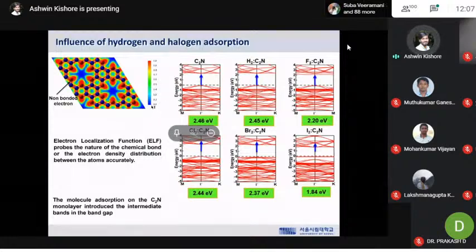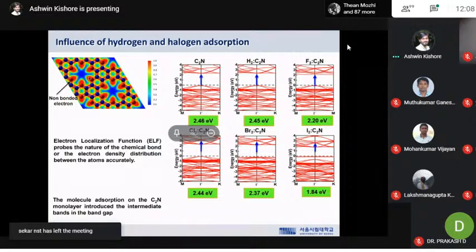If it is really low, then the charges are really low. So here you have really high electron localization function at the nitrogen atoms. So these are the non-bonded electrons in the nitrogen. So wherever we put the molecule, it always prefers this hollow site, so this hollow site is the potential site to trap the molecules.